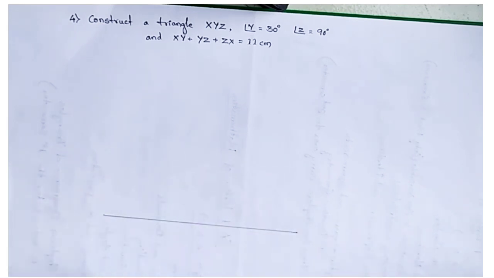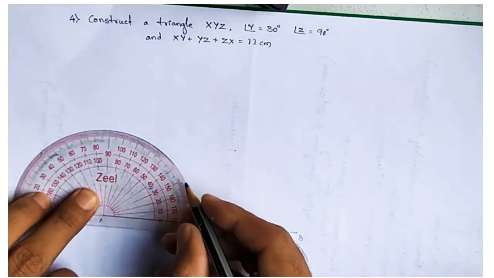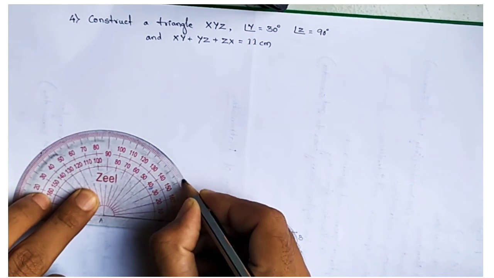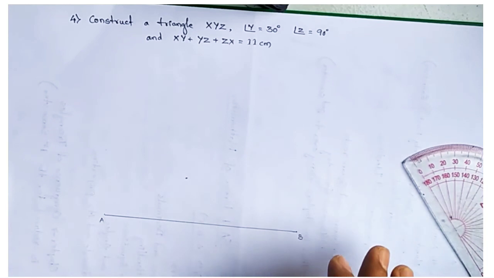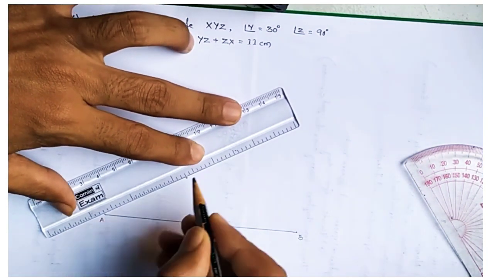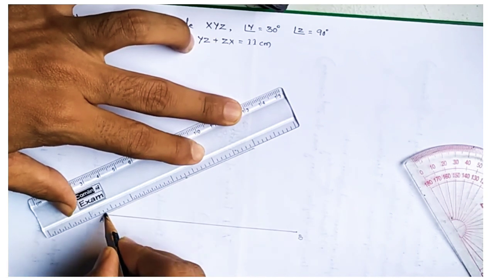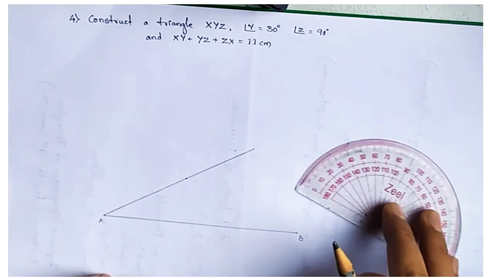Let's take it as A, B. Now from one side take the 30 degree angle, with one extended line. Similarly take another angle of 90 degrees from the other end.